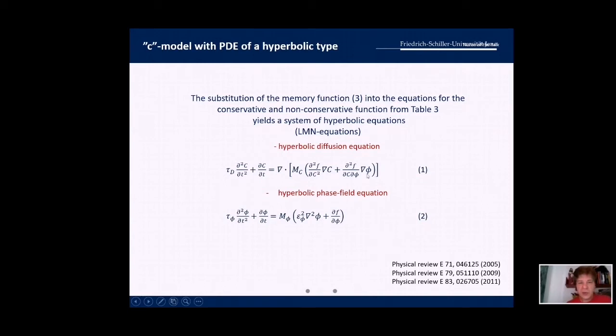This term is a coupling term, which couples this equation. So this is a system of equations which can be solved numerically or analytically. Analytically, we can describe the phase field. Numerically, we can describe concentration and phase field as a coupled system of equations.